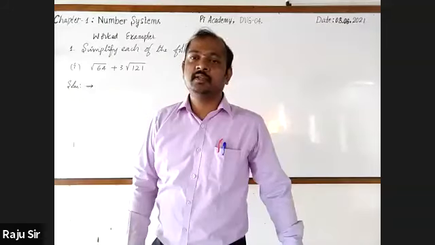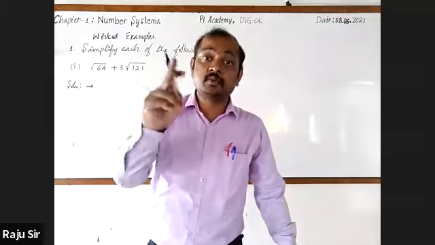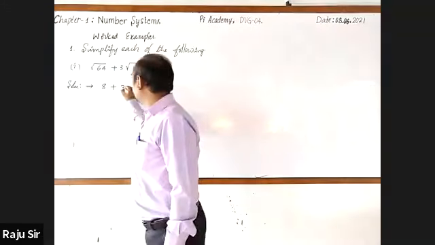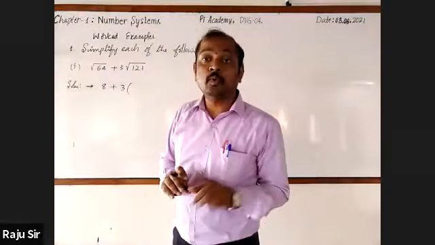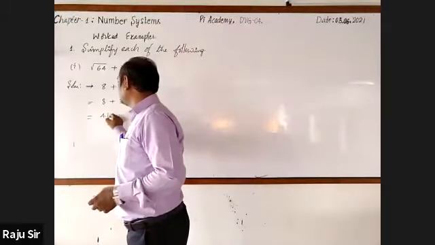We are not taking squares, we are taking square roots. Square root of 64 is 8 plus 3 into square root of 121, which is 11. 11 3s are 33. 33 plus 8, 41.